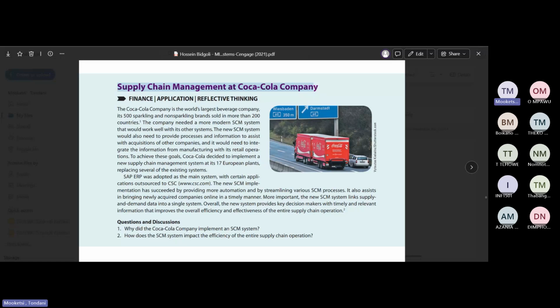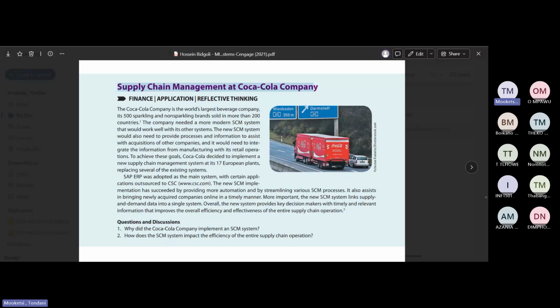The company needed a more modern supply chain management system. So SCM stands for supply chain management. That would work well with its other systems. So the new supply chain management would also need to provide processes and information to assist with acquisitions of other companies. And it would need to integrate the information from manufacturing with its retail operations.